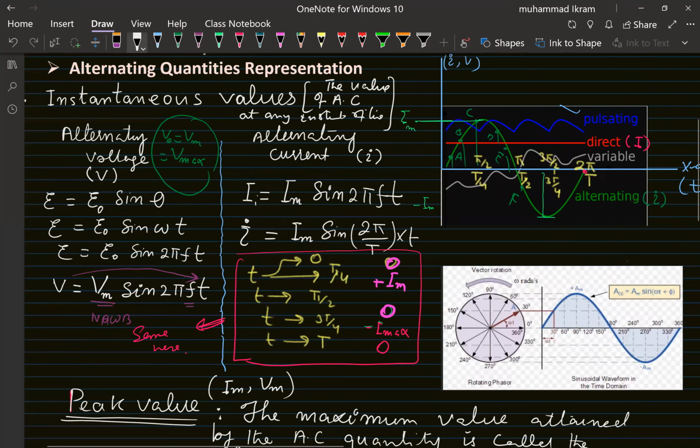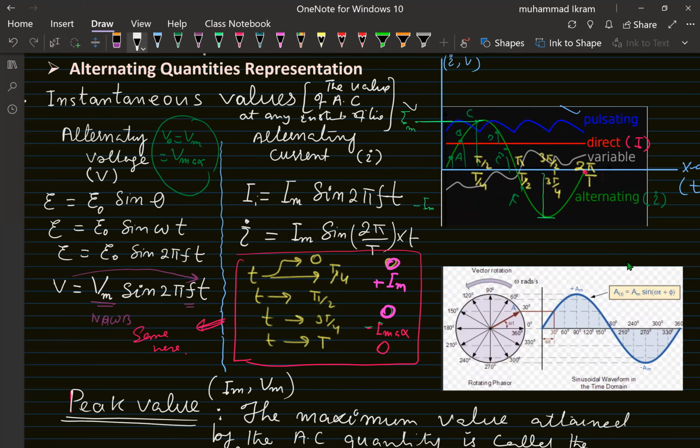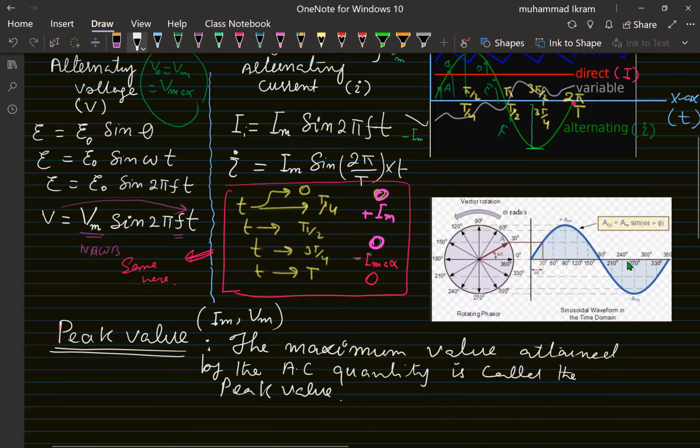So here, I label the peak value for the voltage too. The peak value is this one in the graph. Then there is the peak to peak value, so you have the positive peak value and the negative peak value. Remember, the positive half cycle of the AC current is as important as the negative half cycle. Working performance is purely the same, and they produce the same heating effect.